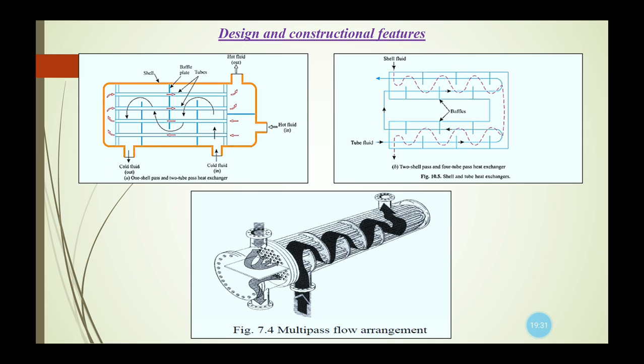One of the fluids flows through the bundle of tubes enclosed by the shell, and here you can see the movement of the hot fluid in and hot fluid out, and also the cold fluid in and cold fluid out. The cold fluid is forced through the shell and flows over the outside surface of the tubes.